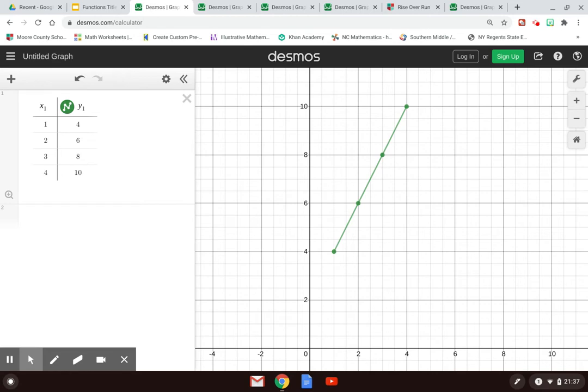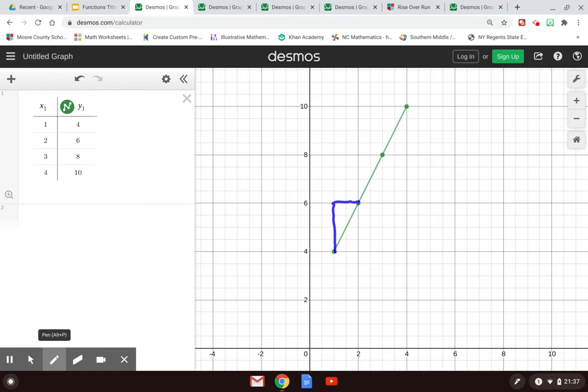So if I look here, I've got some points on this graph, and because slope is a constant rate of change for this line, I could really pick any 2 points that I want to. I'm going to pick these 2 points here, and I'm going to draw what we call the slope triangle.